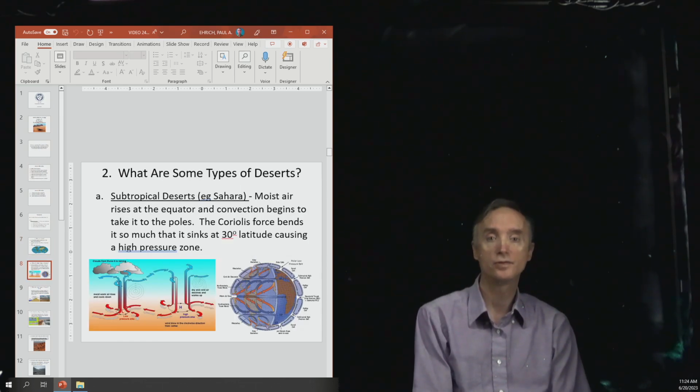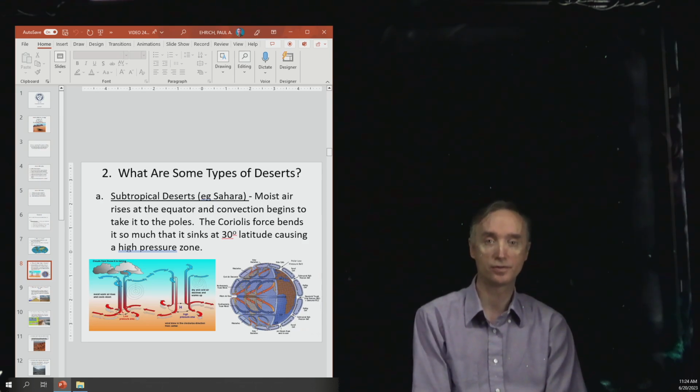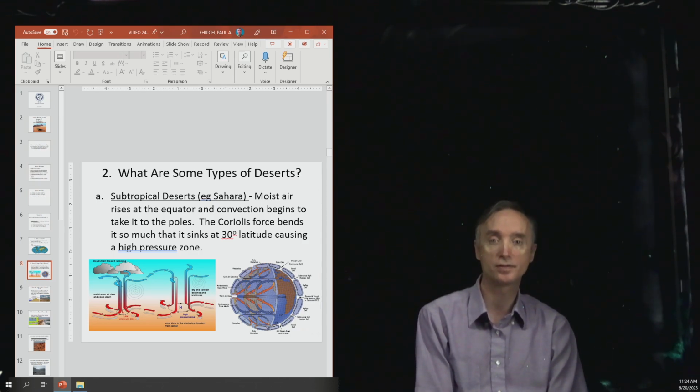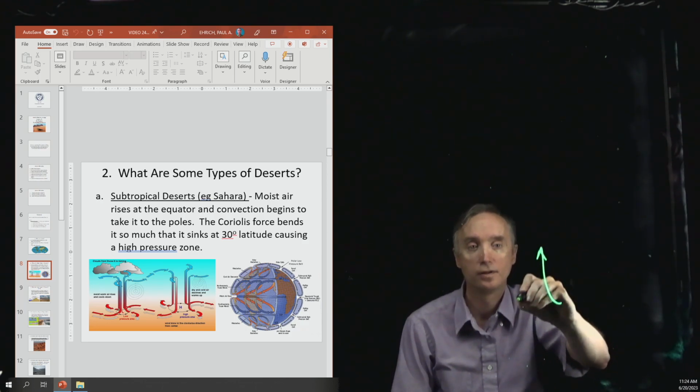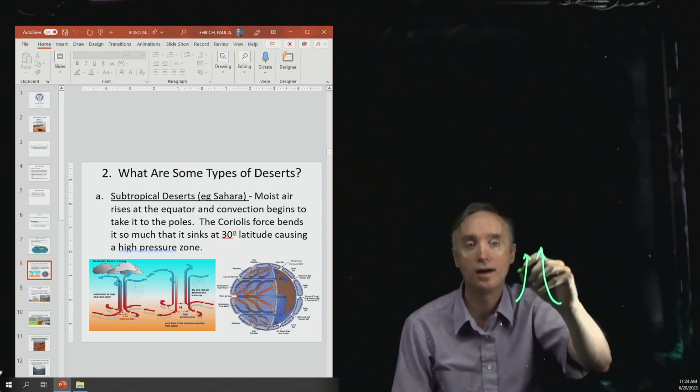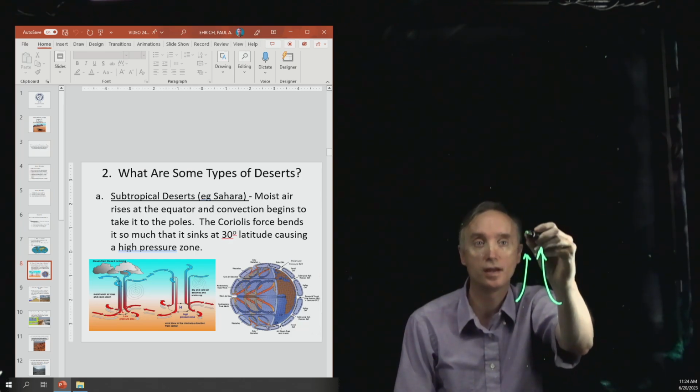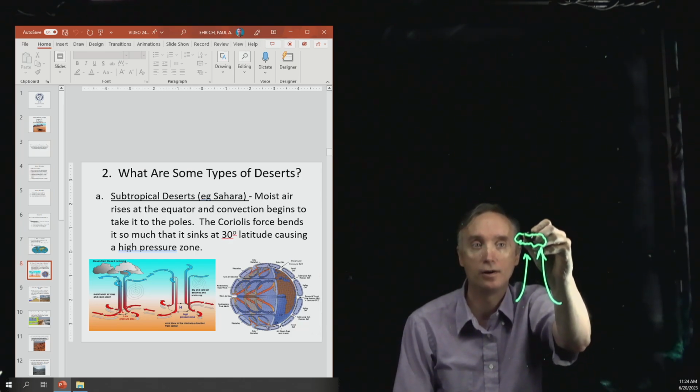So what are some different types of deserts? The first one is a subtropical desert. An example of this would be the Sahara Desert. In a previous episode, we talked about climate, and we said that when air rises, that allows moisture to rise, and then it will form clouds.